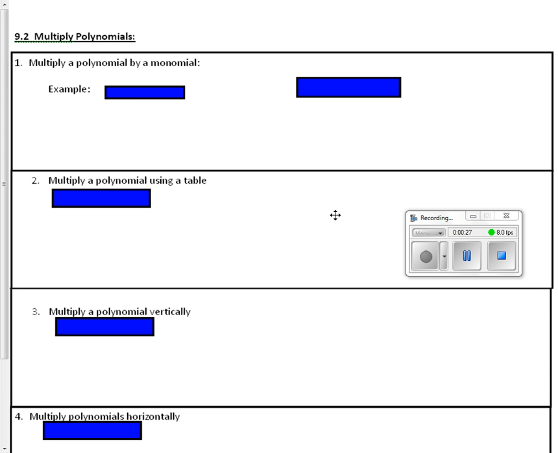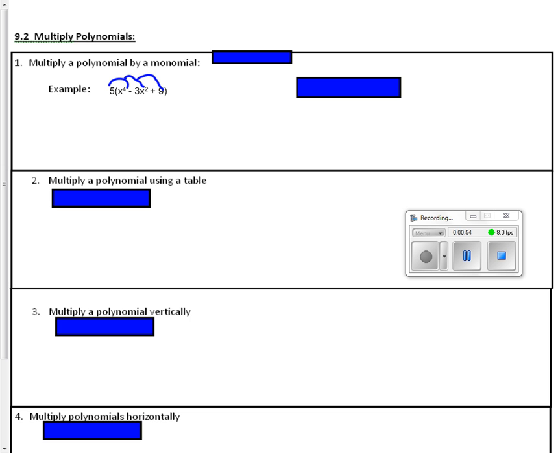So, to start off today, we are going to look at this first example, and we have a monomial, one term, multiplied by a, and hopefully you guys have figured it out, it's a trinomial because we have three terms. For this problem, to start off, we just take our 5 and we distribute it in. So we're actually distributing it in 3 different times into this problem.